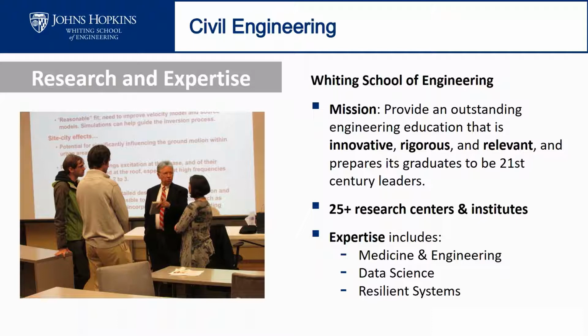We have 25 research centers and institutes. One of the things that'll tell you is that Hopkins is incredibly collaborative. This is by far the most collaborative university I have seen around the world. And the presence of these centers and institutes supports those collaborations as we move across departments and traditional silos.